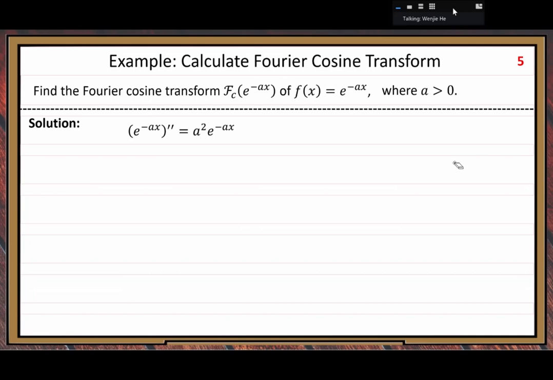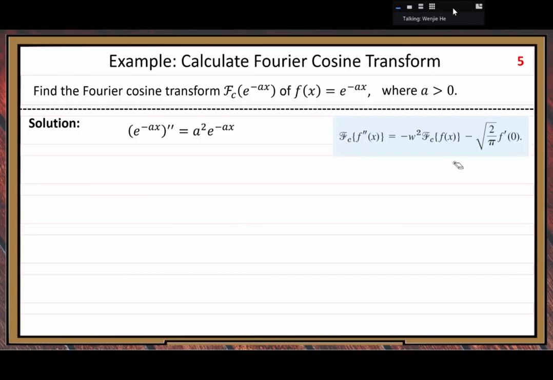You need to calculate two versions. But if you use the second derivative, the Fourier sine transform is not involved. Not involved. All right. Now, let's apply the formula.